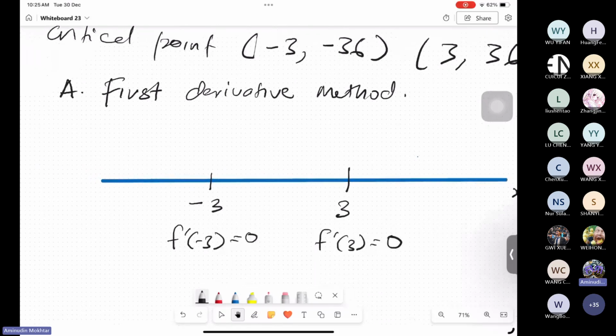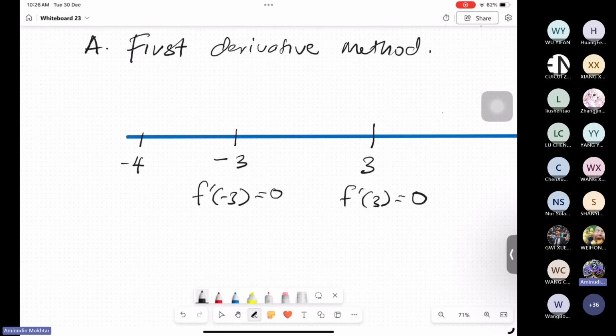But now we need to determine the slope of the function before -3, between -3 and 3, and after 3. So just choose any number less than -3. Let's say I choose -4.